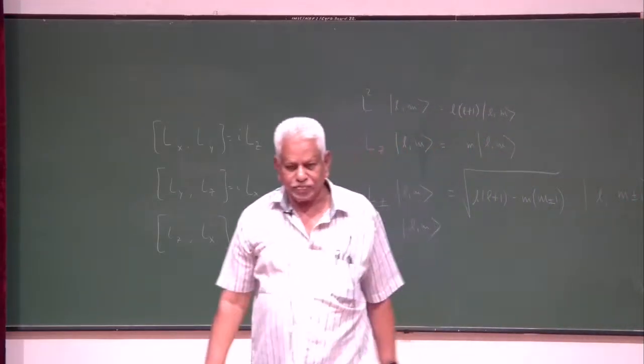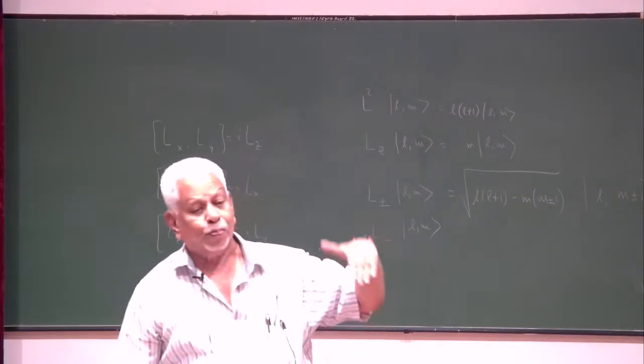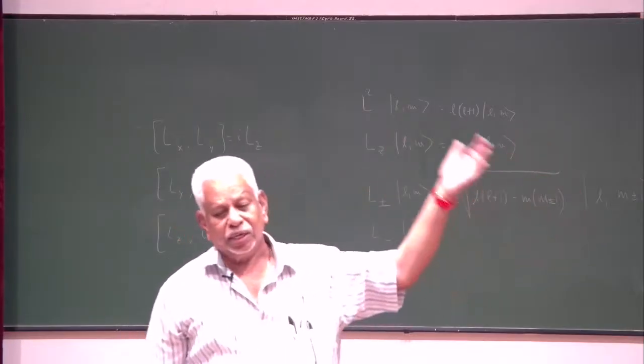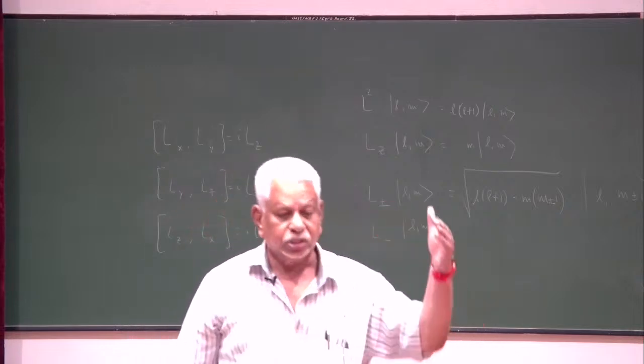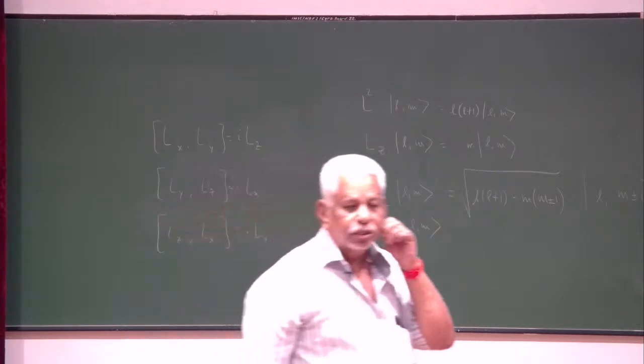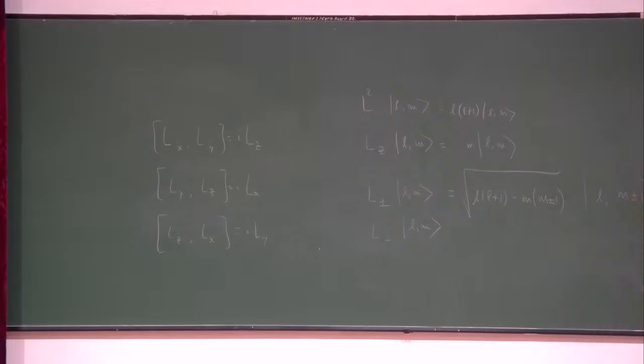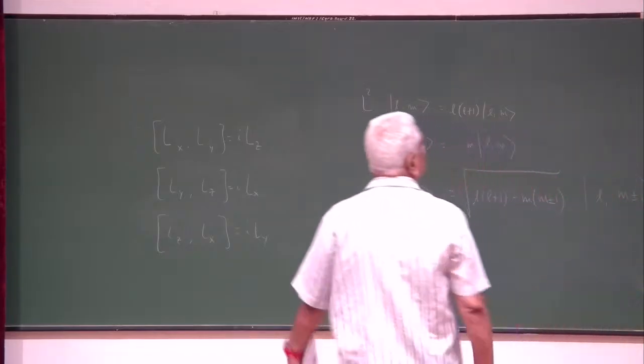L plus acting on the state Lm will give you L, m plus 1, and L minus acting on that will give you m minus 1. There is a coefficient which comes because the state should be normalized. If you start with Lm normalized, that is, the norm of the vector is 1, then this is the additional normalization you will get. So, this is the result.